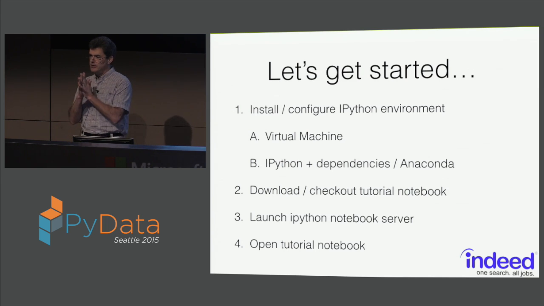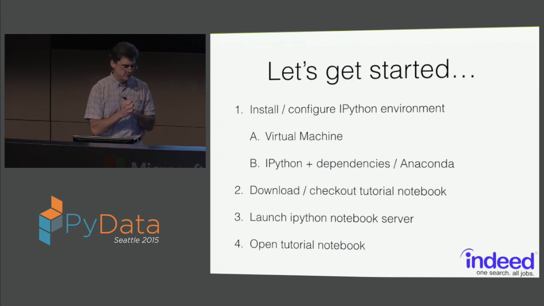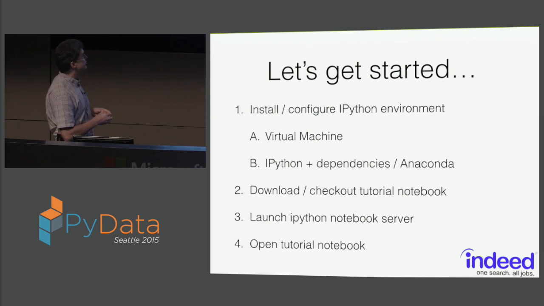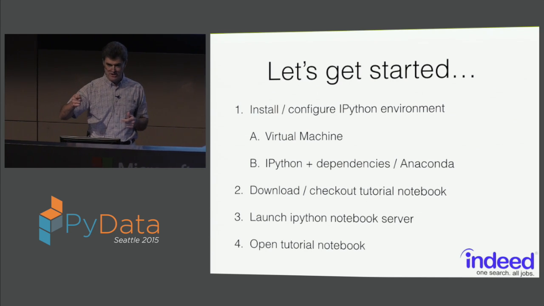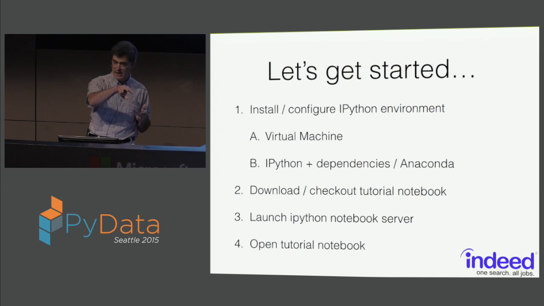Okay, so in order to get started, we're going to first need to install or configure our Python environment. And there's two options that we're offering. One is Alex put together a virtual machine that has everything you need. So you'll still need to install Vagrant and VirtualBox, but we have that also on the USB flash drives we're passing around.